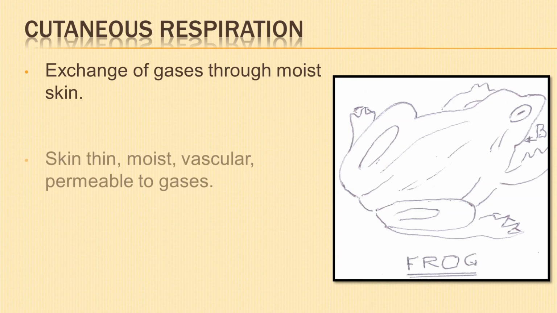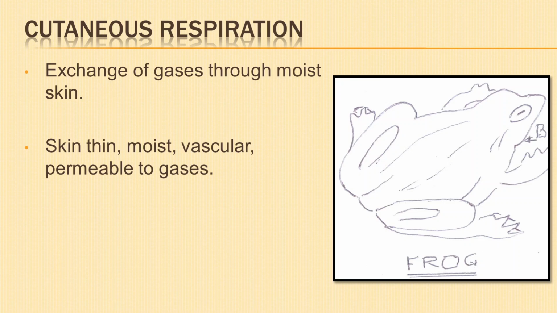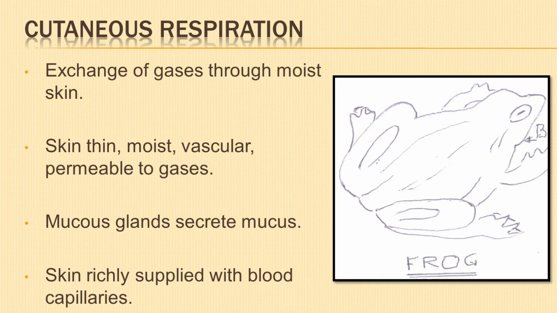For this, the skin is thin, moist, vascular, and easily permeable to gases. The mucus glands present in the skin secrete mucus to keep the skin moist, and in addition, the skin is richly supplied with blood capillaries.